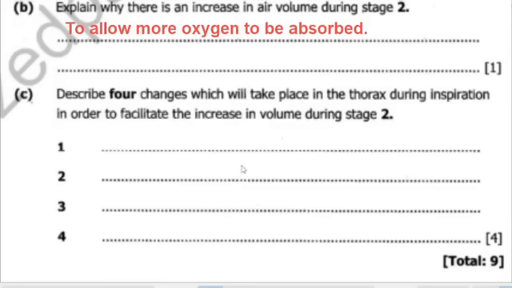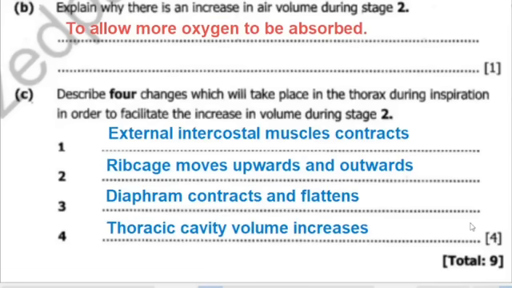Then the diaphragm is going to contract and flatten. Then the thoracic cavity volume is going to increase. Okay, then the air will move into the lungs from outside where there is high pressure to the inside where there is low pressure. So we have said the changes that will take place in the thorax during inspiration.